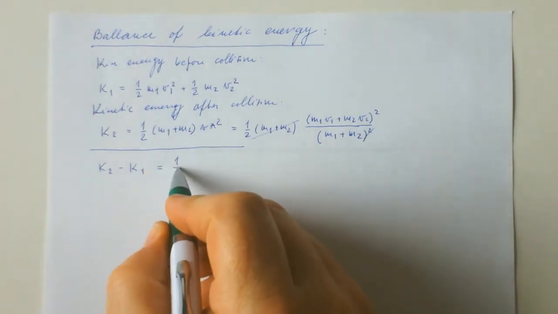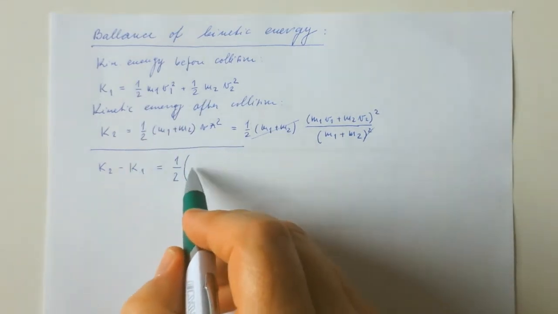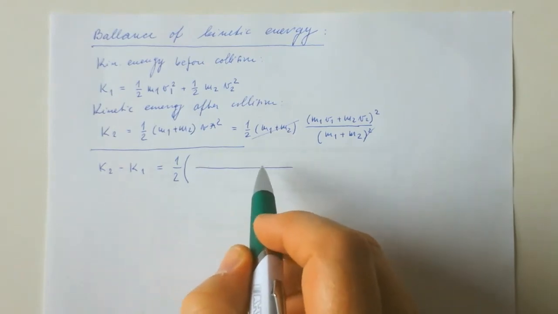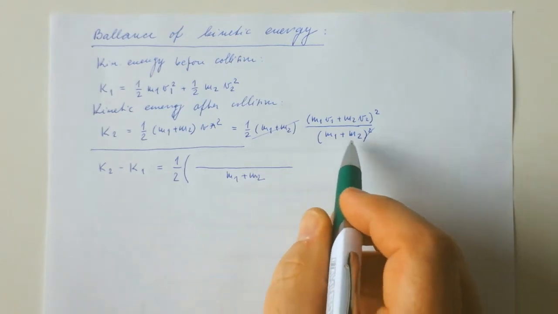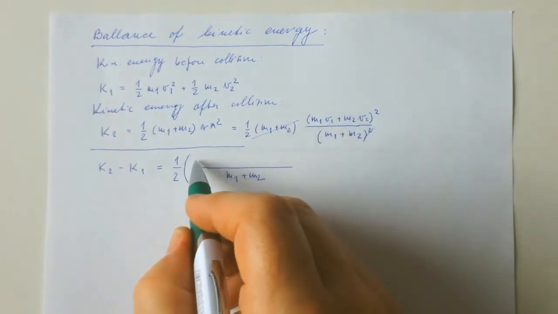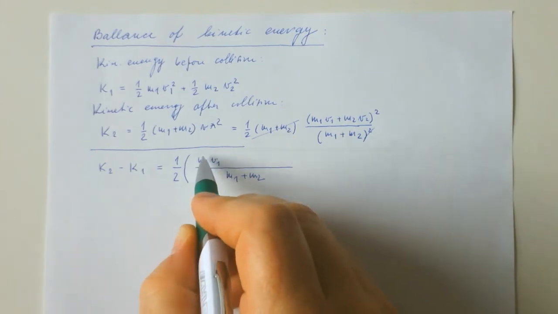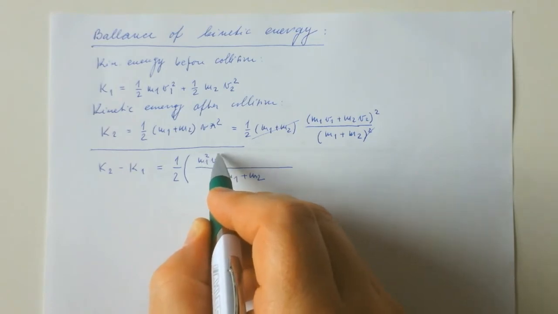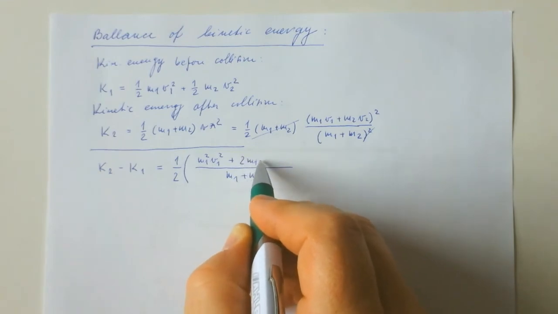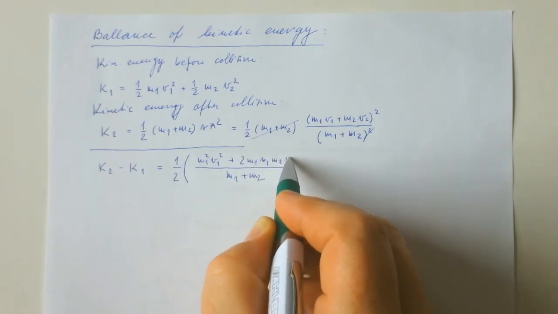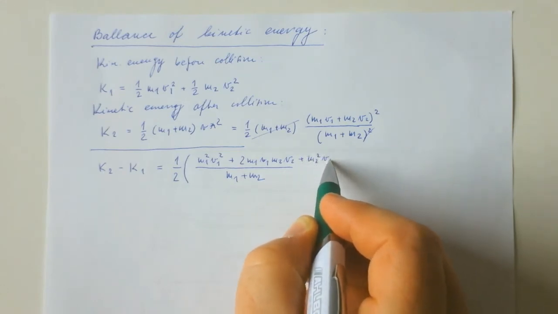I can put 1/2 out of the brackets because it is everywhere, and there is m1 square v1 square plus 2 m1 v1 m2 v2 plus m2 square v2 square.